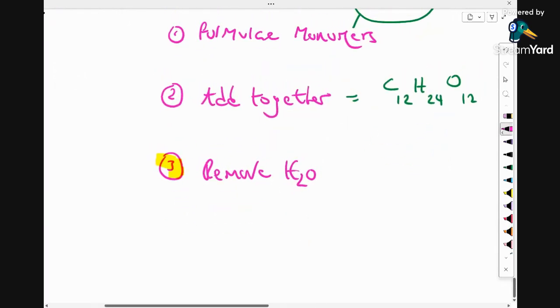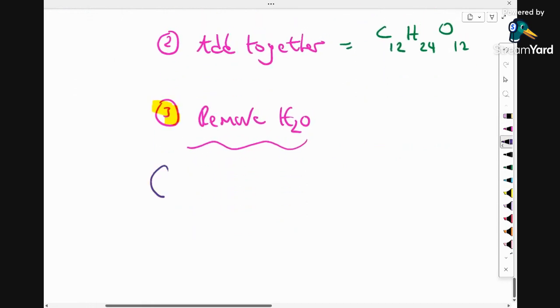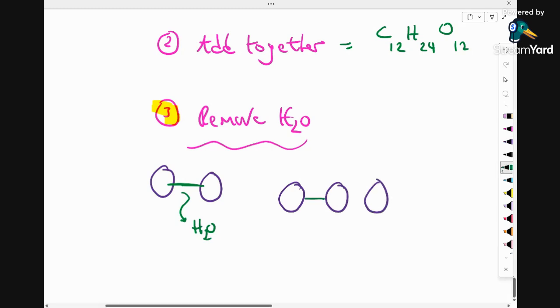And the key thing here is to remember how many waters we lose when we add two monosaccharides together. If we form one glycosidic bond, we remove one water. So if you add two monos together, we lose one water molecule. If we were going to add three monomers together, we would have to form two glycosidic bonds, so we would remove two water molecules.